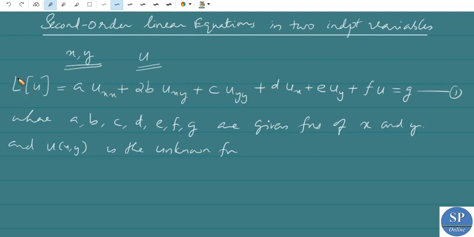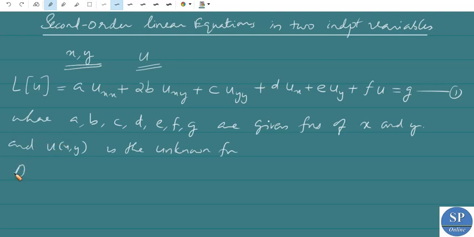It can be expressed as this operator L of u. Now here these coefficients a, b, c, d, e, f, g are given functions of x and y, and u is the unknown function or the dependent variable.